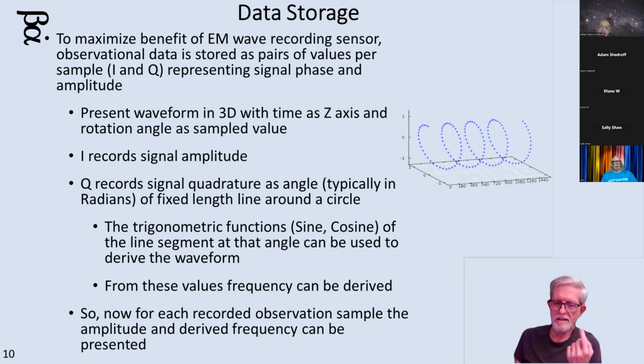So all you need is an I for the amplitude and a Q for the signal quadrature, or trigonometric angle of that point on the curve. And now you can do all sorts of math with it. But once you have the data in this trigonometric form, then you can start doing that Fourier transform stuff.